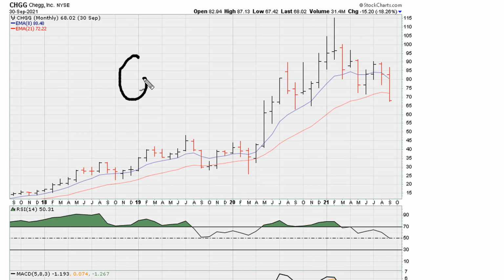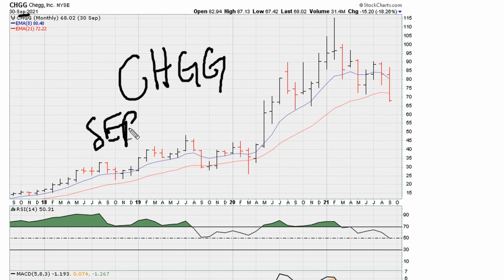All right, so this is the stock here, and this is as of end of September 2021. So this is what the chart looked like.